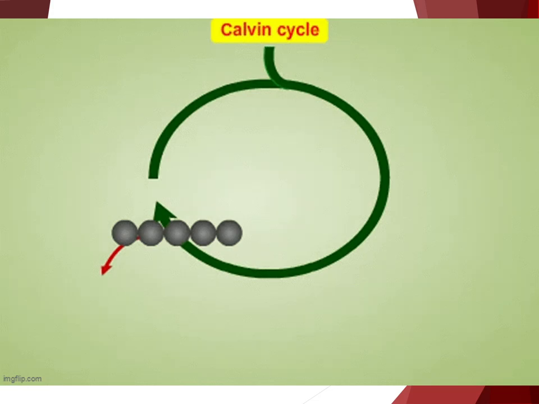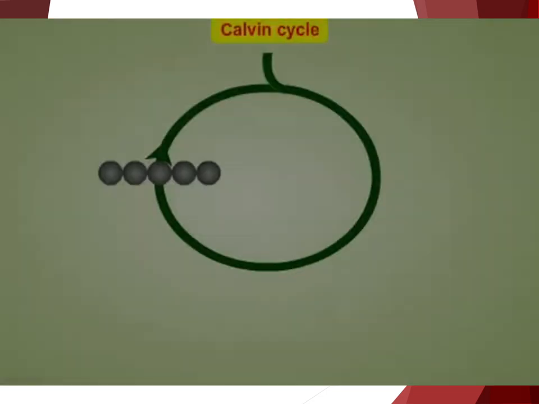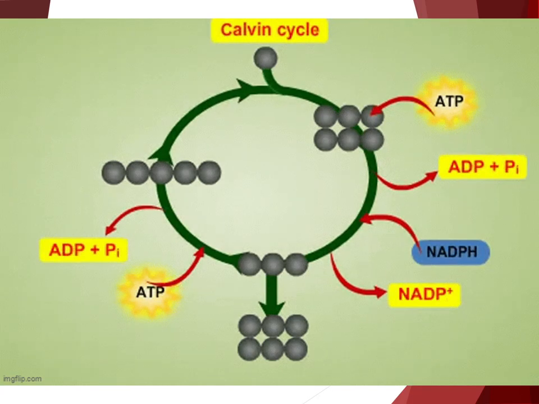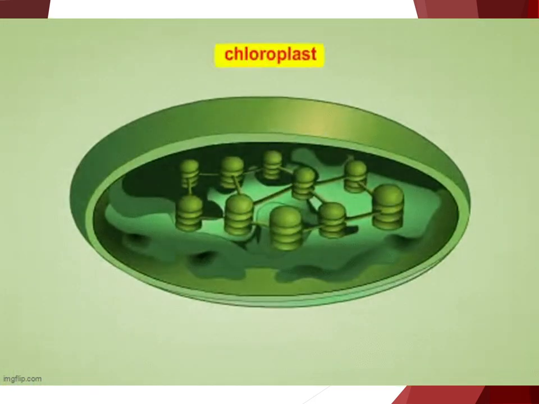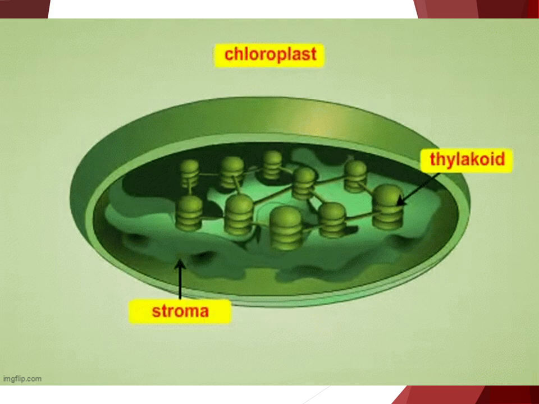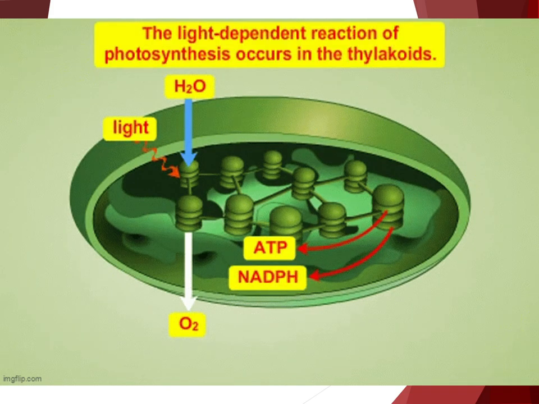Stage number 3, with help from the energy provided by ATP, which again came from the light-dependent reaction, a sugar-like compound containing 3 carbons is made. Some of this 3-carbon substance exits the Calvin cycle and is used to make glucose.